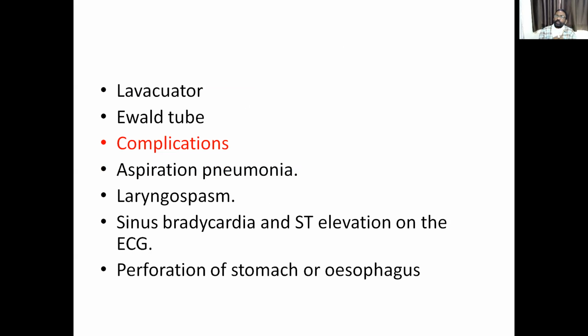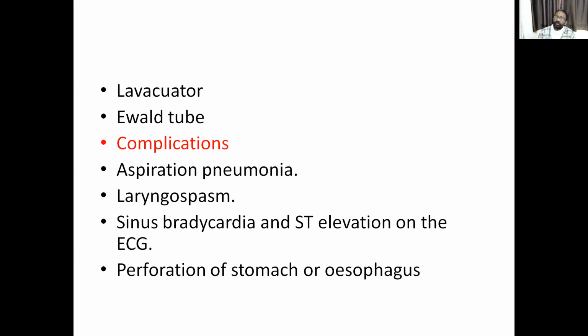After introducing the Ewald's tube, you may clean the stomach with normal saline or fresh water. If some poisonous substances are involved, it will not be used. Stomach wash should not be done with normal saline because hypernatremia or hypermagnesemia may develop.